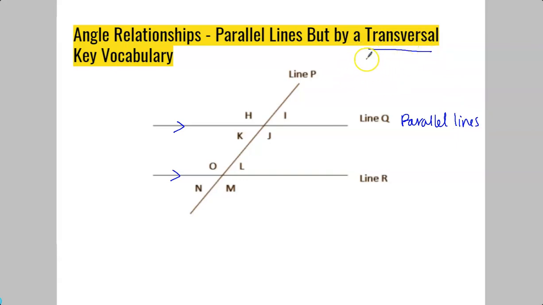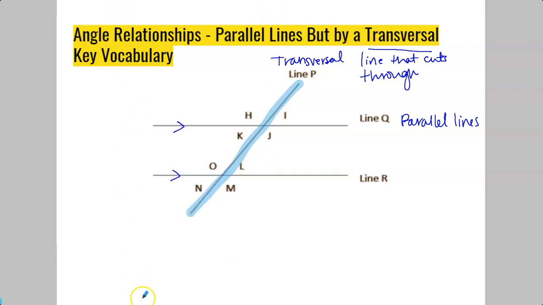A transversal is just a line that cuts through. So line P would be our transversal. We've got this transversal that's cutting through your parallel lines.